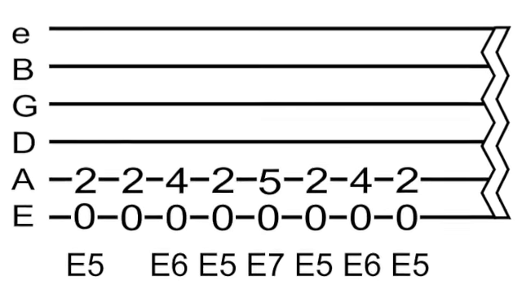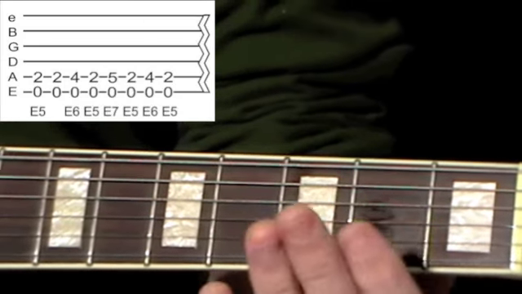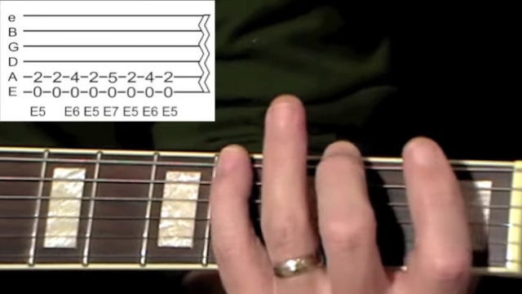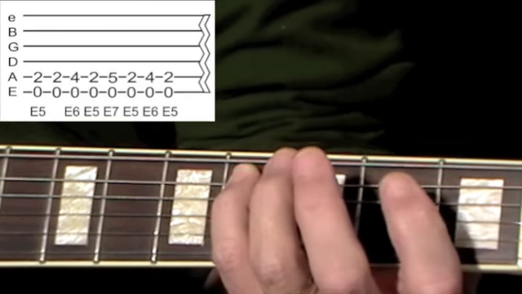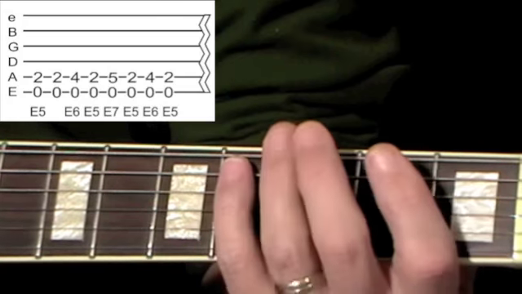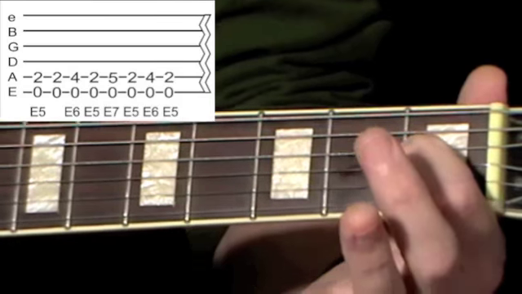The next trick is to add the flatted 7th note in. So let's find that first. We can come up the scale. 1, 2, 3, 4, 5, 6. The 7th note is there. No, it's not. 7th note is there.